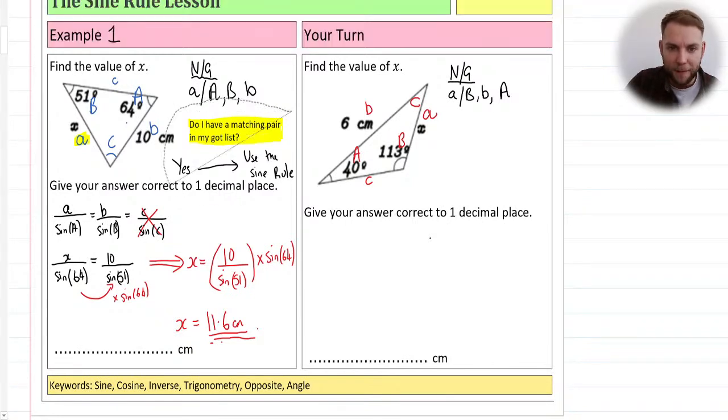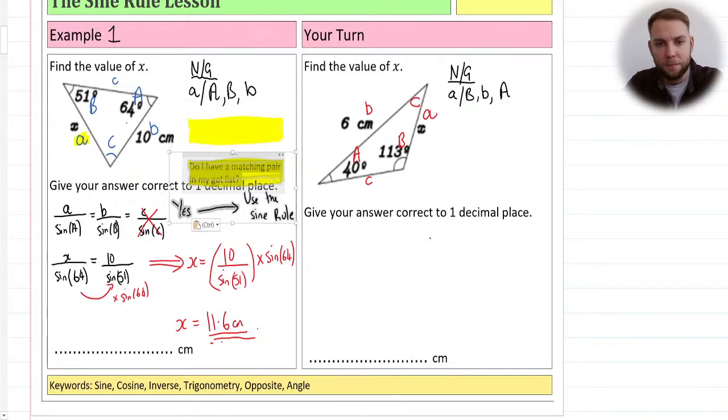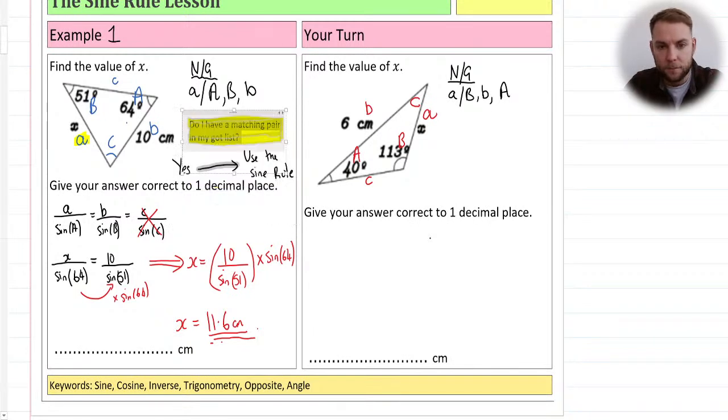So this is the important part, isn't it? Have I got a matching pair in my got list?